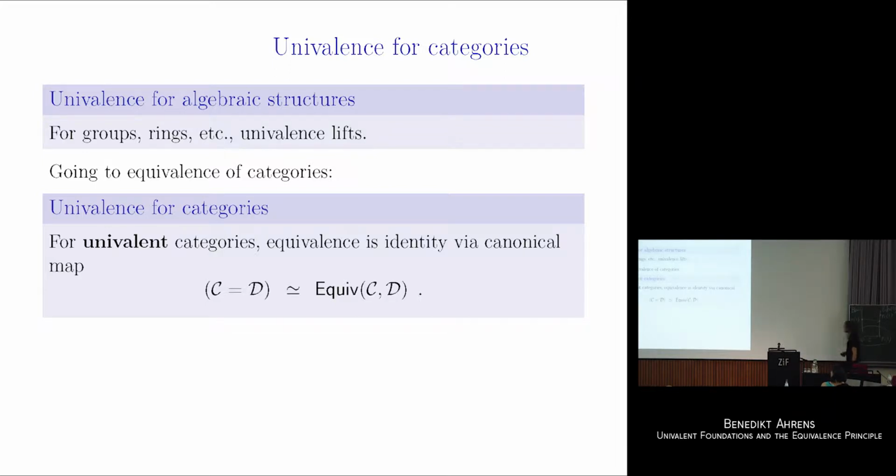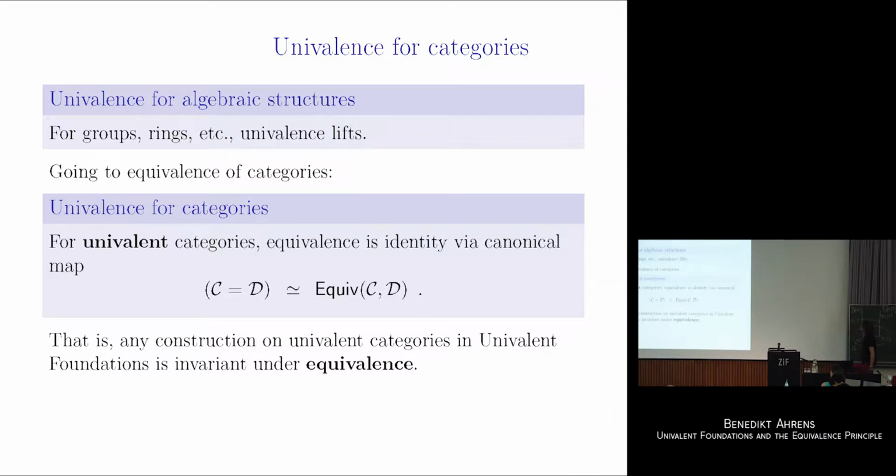I'll explain what that is. As a consequence of this result, we will again obtain that any construction on univalent categories is invariant under equivalence, or in particular, any property of categories is invariant under equivalence of categories, but with the restriction that it only holds for univalent categories.